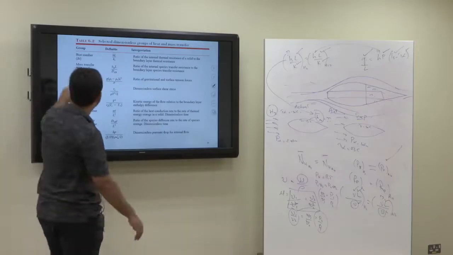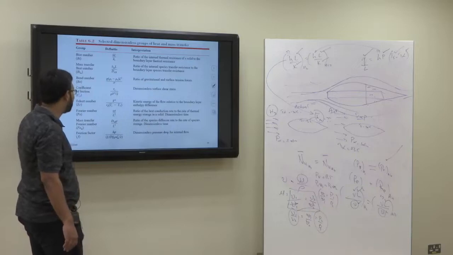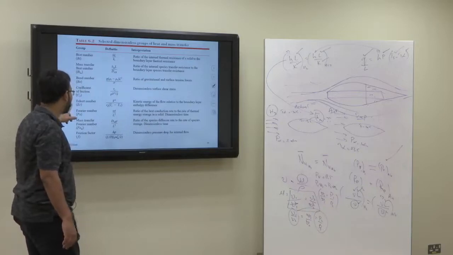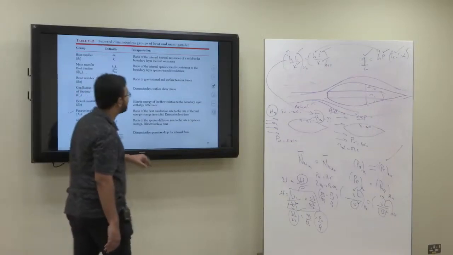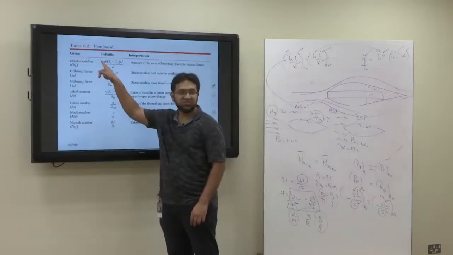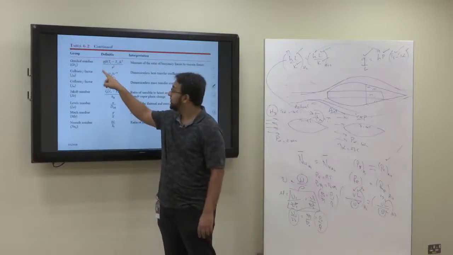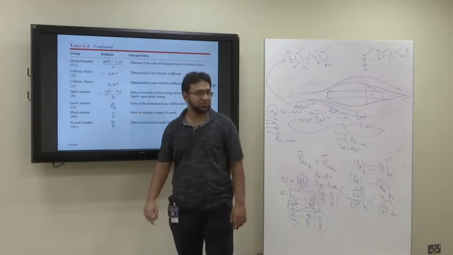You have Biot number, mass transfer Biot number, Bond number, coefficient of friction, Eckert number, Fourier number, mass transfer Fourier number, friction factor. Then you have Grashof number, which you will study in chapter 9. You have Colburn number and Jacob number, studied in chapter 10.